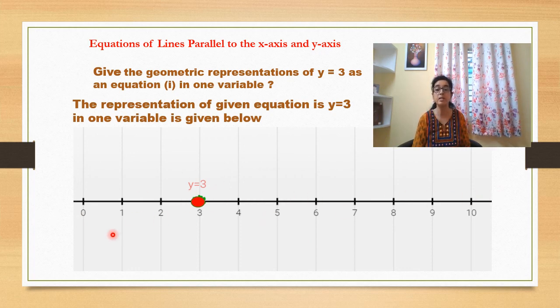This is the representation in one variable. Whenever we want to represent it in one variable, we plot it on a number line. And when we want to represent it in two variables, we plot it on a Cartesian plane. So here I have given you the example of one variable and this should be plotted on number line. In the next slide, I'll give you the example of how it is plotted in a Cartesian plane.